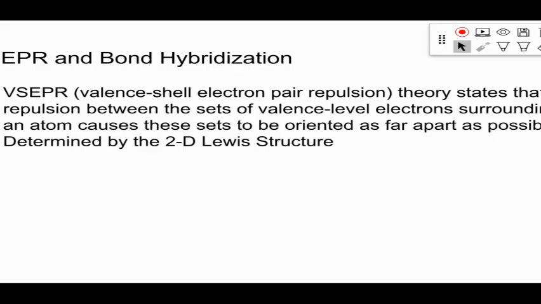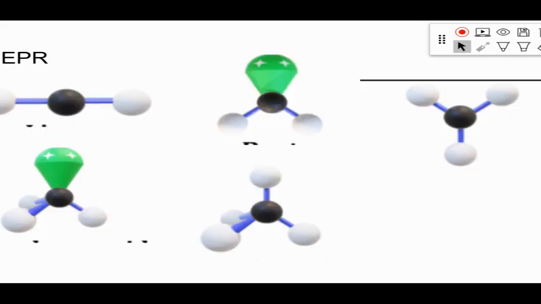They're going to repel each other and orient as far apart as possible. And so because of that, we draw our Lewis diagram first, and then we base it off of how many shared and unshared pairs there are. So these are the 5 main shapes we're going to see.